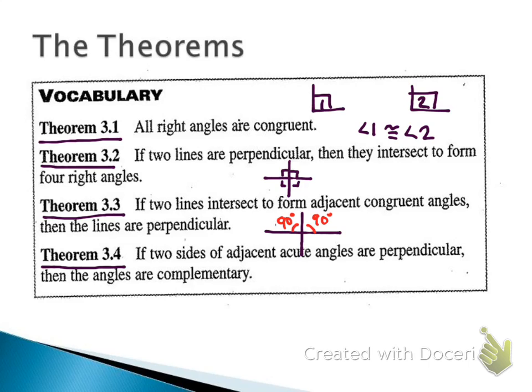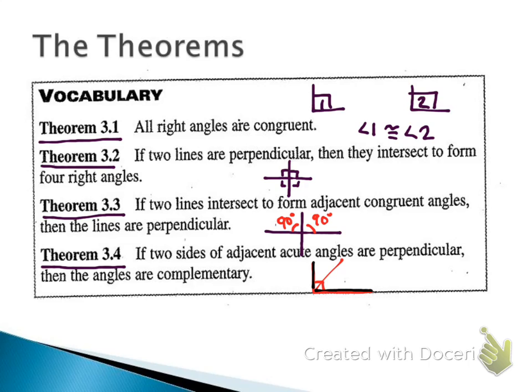And then the last one, 3.4, says if 2 sides of adjacent acute angles are perpendicular, then the angles are complementary. This one is pretty straightforward. We've been looking at ones like this for a while. If you have 2 acute angles, do you see how the sides of these angles form a right angle?